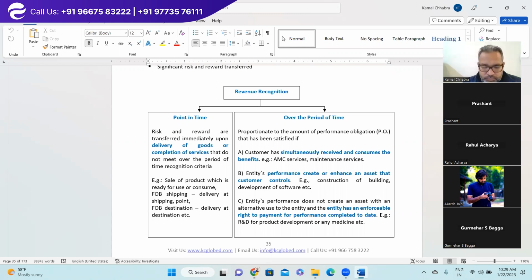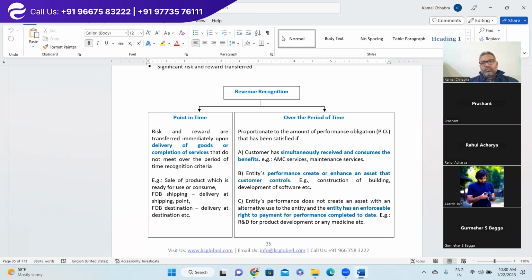Sir, free on board. It is basically till the point on the port where the ship starts, excluding the insurance and transportation, I think. And destination is including insurance and transportation maybe.